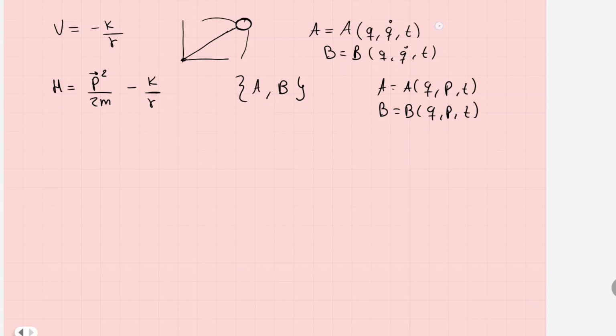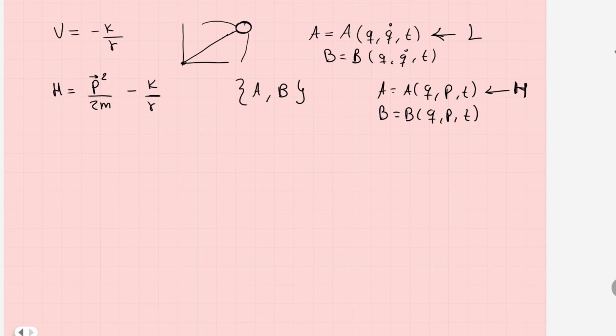For example, in this case, we might have the Lagrangian, which is a function of q, q dot, and t, and a or b could be the Hamiltonian, because the Hamiltonian is a function of q, p, and t.